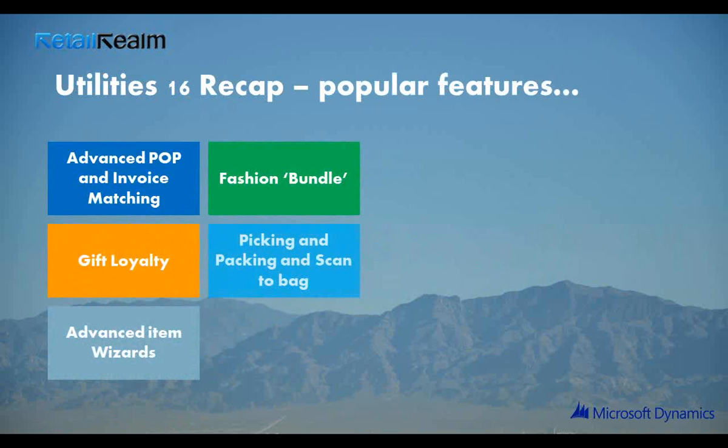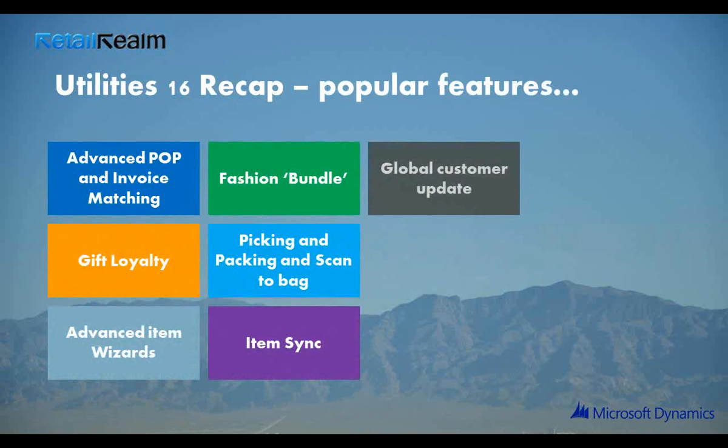Picking and packing and scan to bag are great for warehouse type operations where you've got mail order or internet type shipping. And the item sync is one of the HQ type utilities where it aims to marry up items that may be created down at store by mistake, so it populates those up to HQ.